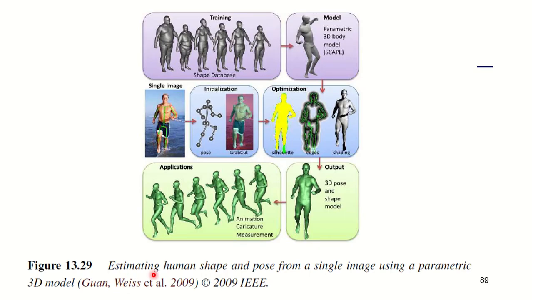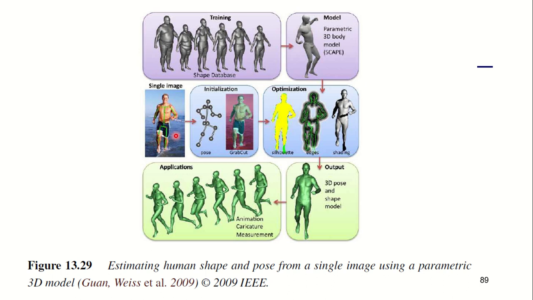The figure shows the estimating of human shape and pose from a single image using a parametric 3D model. A training shape database, and this is the model, the parametric 3D model SCAPE. So from a single image, initialize the points and fix up the pose, and to that optimization is made.